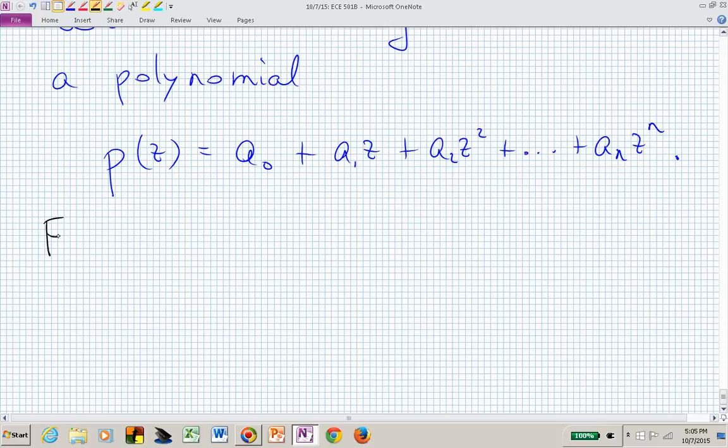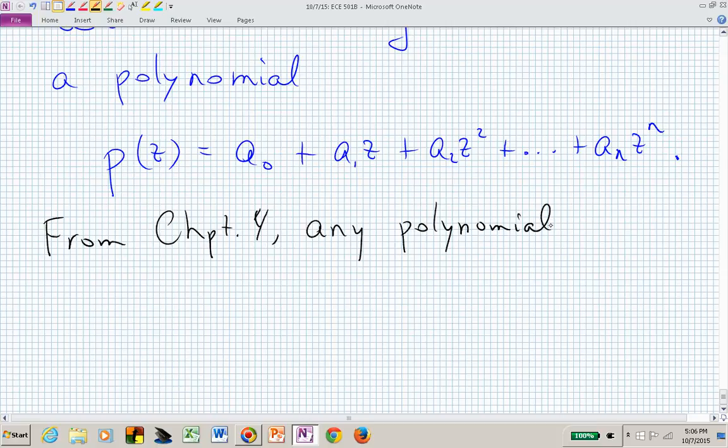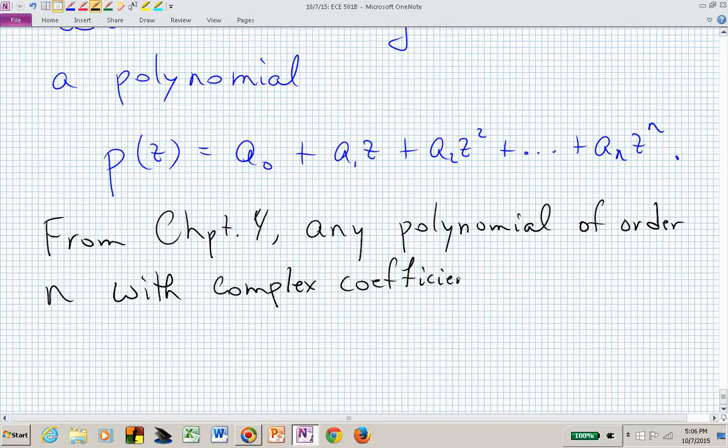Now we're going to go back to our knowledge of polynomials, which we're assuming you are experts on from Chapter 4, since we spent weeks on Chapter 4, but you have to go back to Chapter 4 if you don't remember. What do we know about any polynomial of order n with complex coefficients? It needs to have at least a root, and we're actually going to have n complex roots, aren't we?